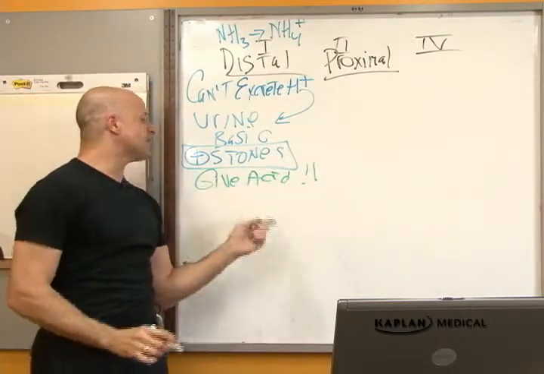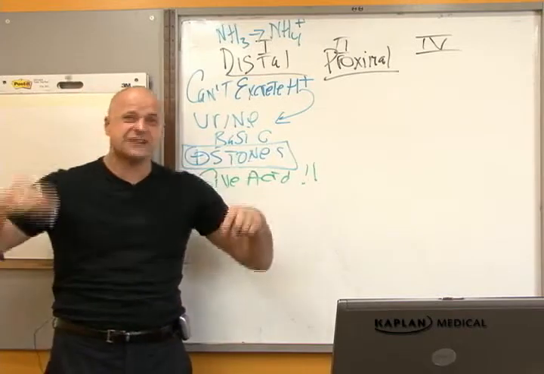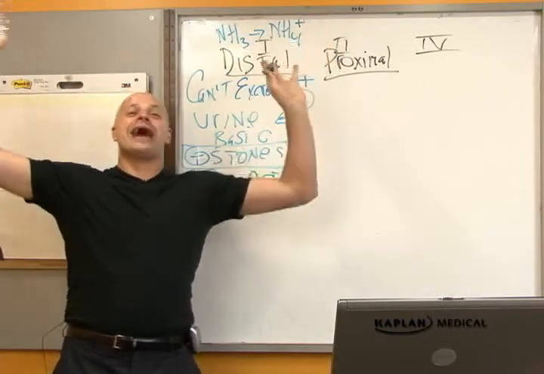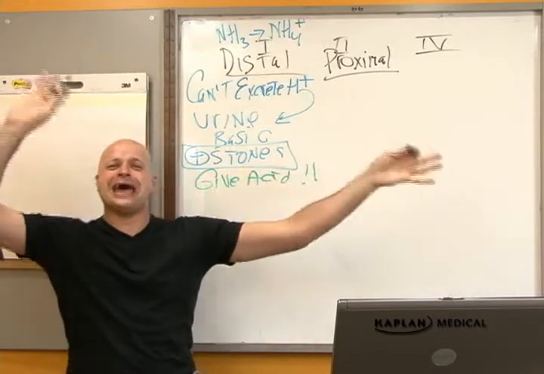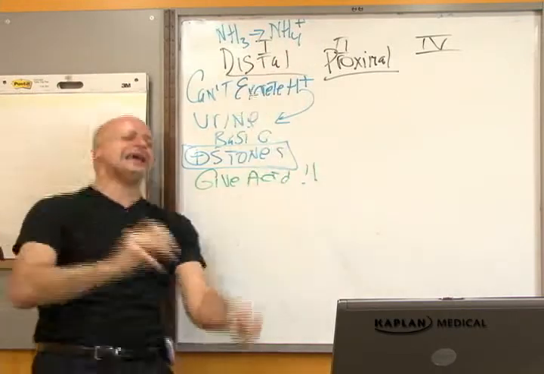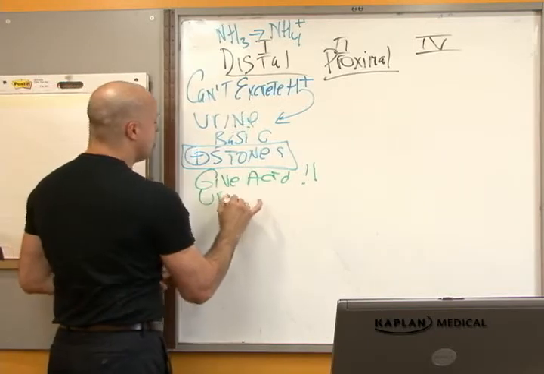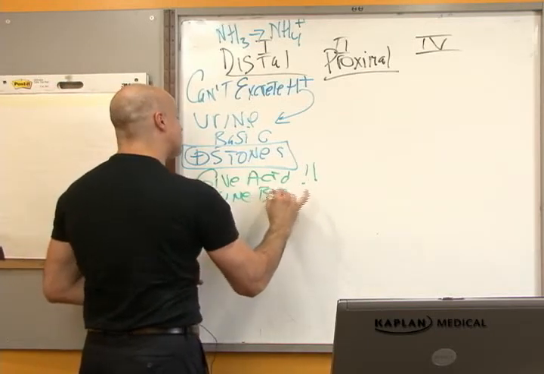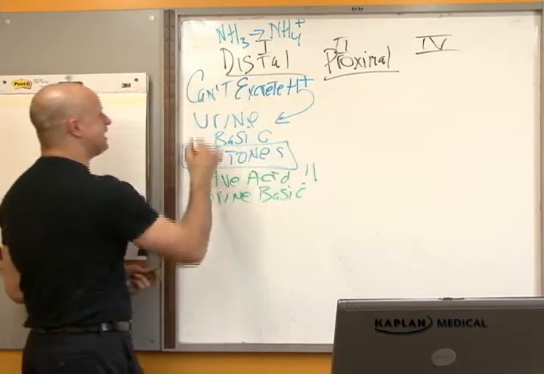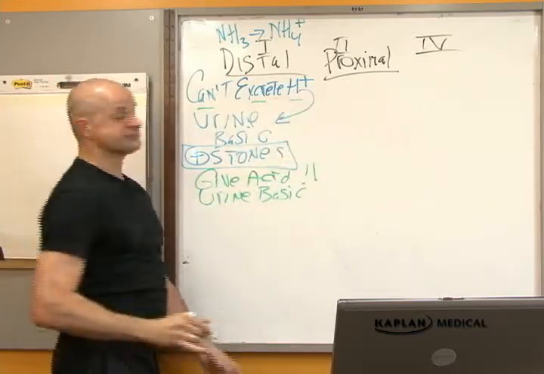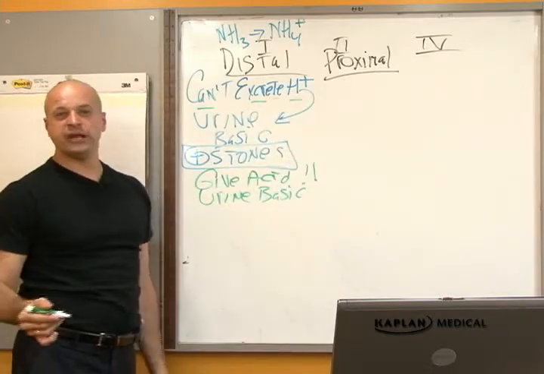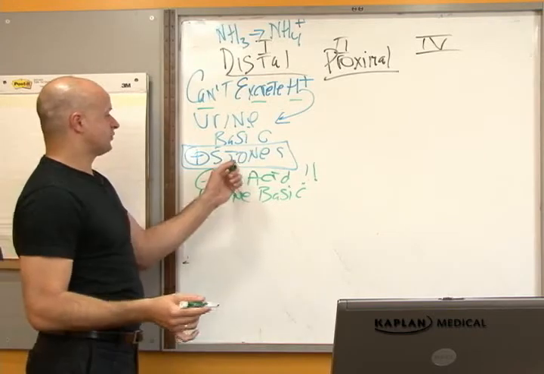But here you give them acid and they can't excrete it. Oh no, I'm melting. You give them acid and the urine stays basic. Why? Because you can't excrete the acid. That's the whole point. Look for stones.